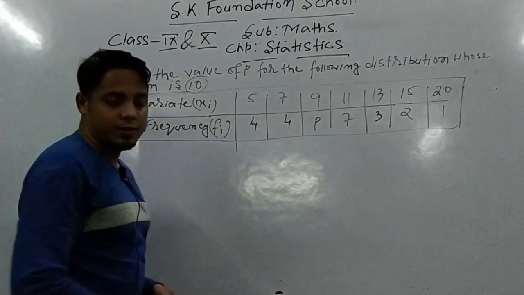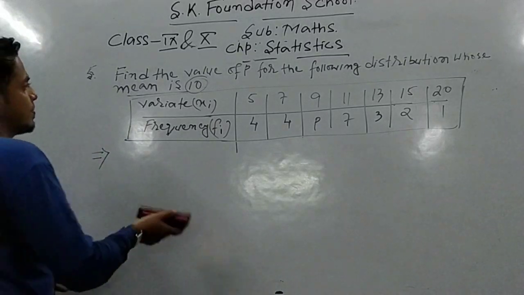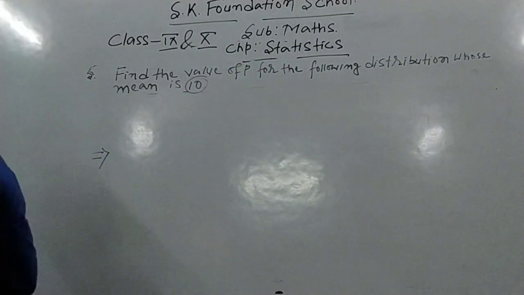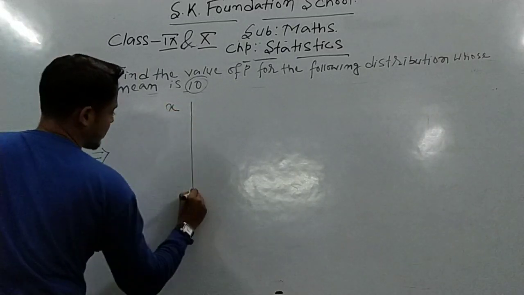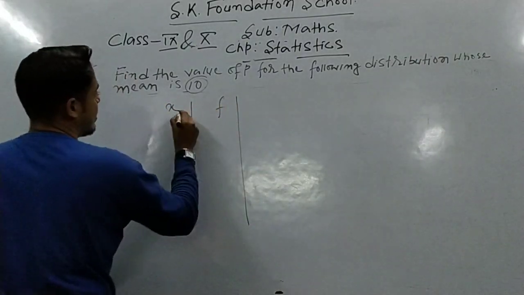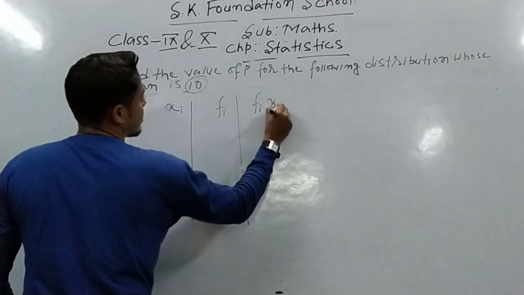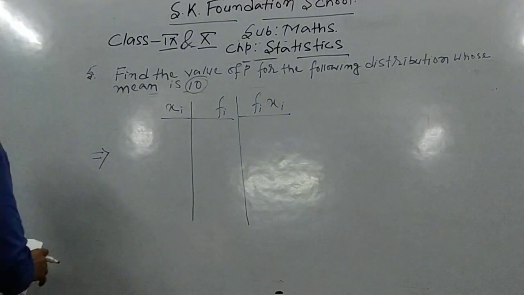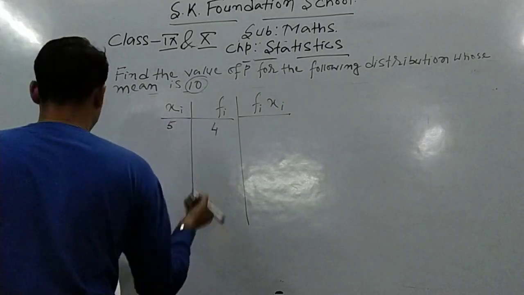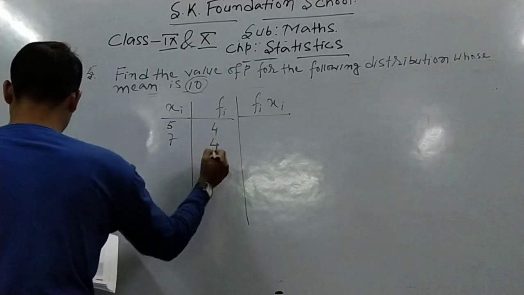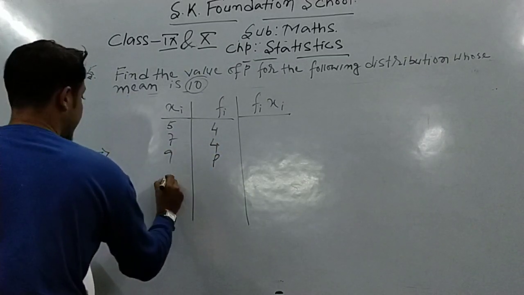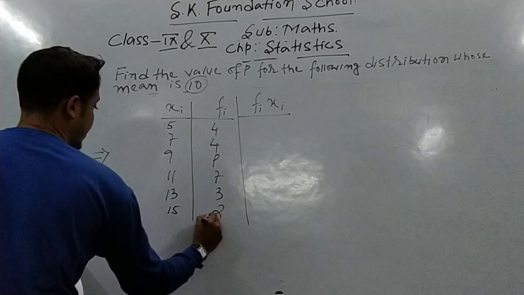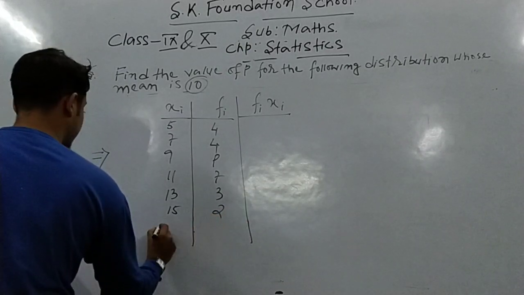First we draw this table. First box x, second one f frequency, and then fx. Five and 4, next 7 and 4, 9 and p, 11 and 7, 13 and 3, 15 and 2, then 20 and 1.